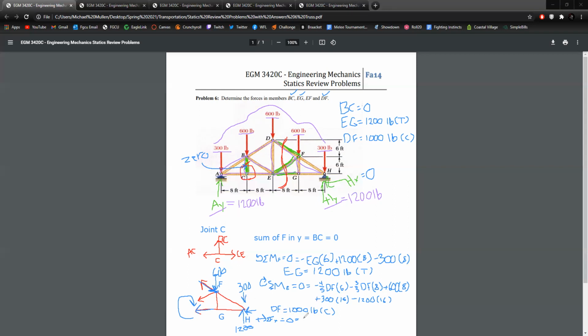So we're going to have plus 4/5 DF. And then EG, we know is 1,200 pounds going to the left because it's in tension. So minus EG.